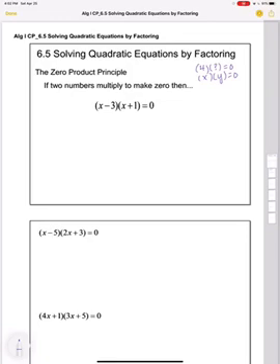So if you have an equation where this number times this number equals 0, then either x minus 3, the first number, equals 0, or x plus 1 equals 0. So what I just did was set each factor equal to 0. And then once you do that, you solve.